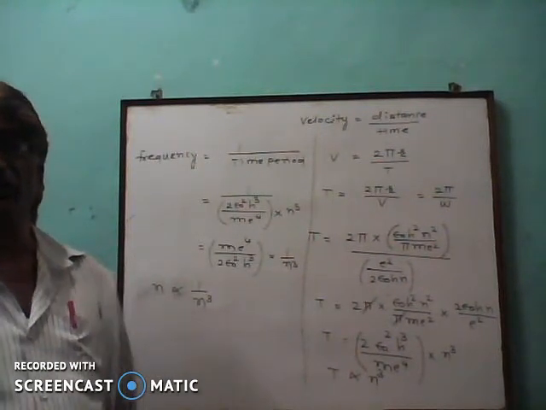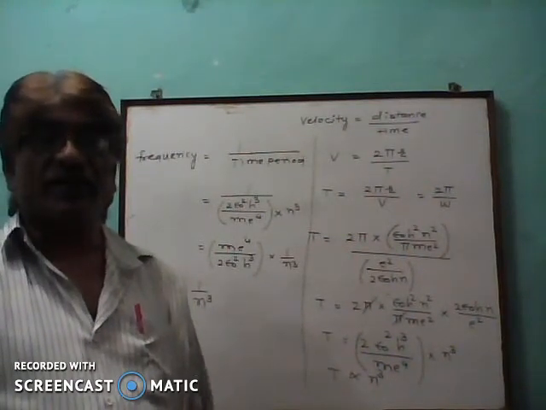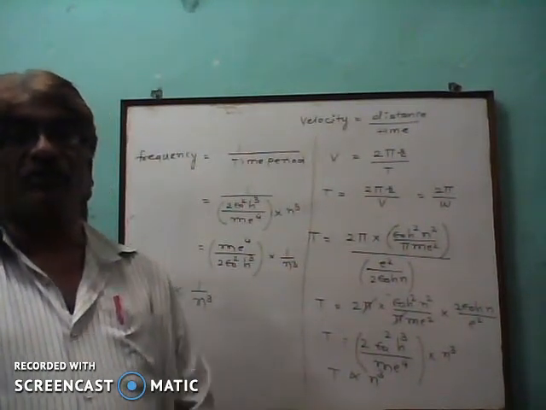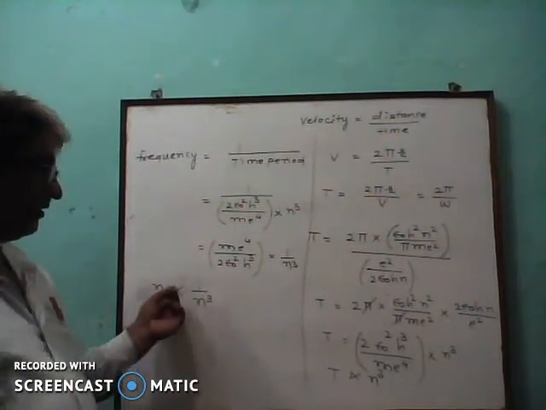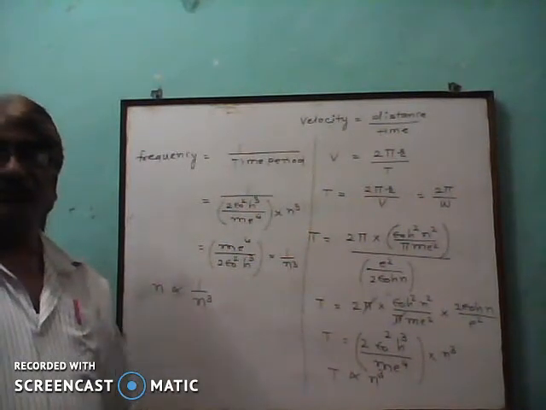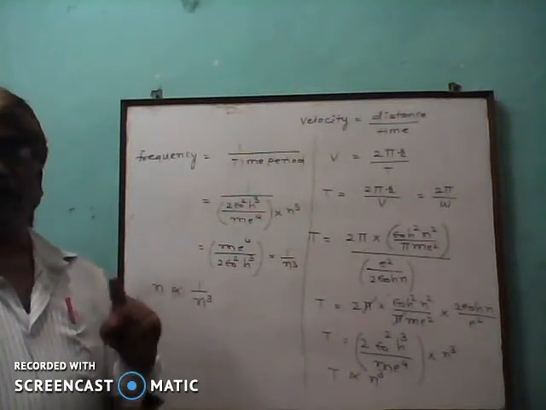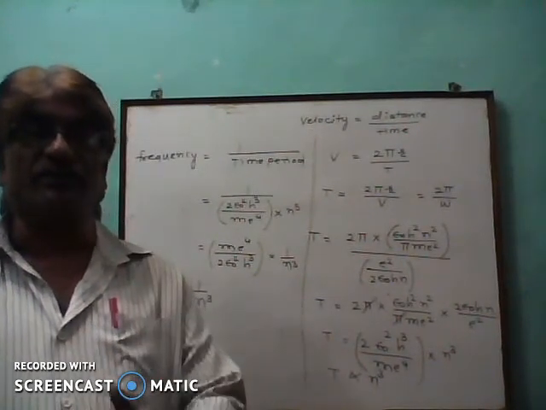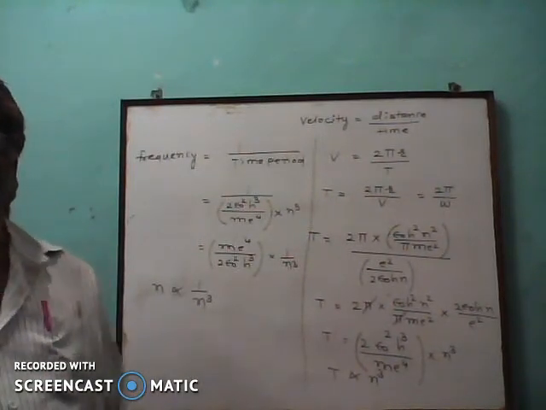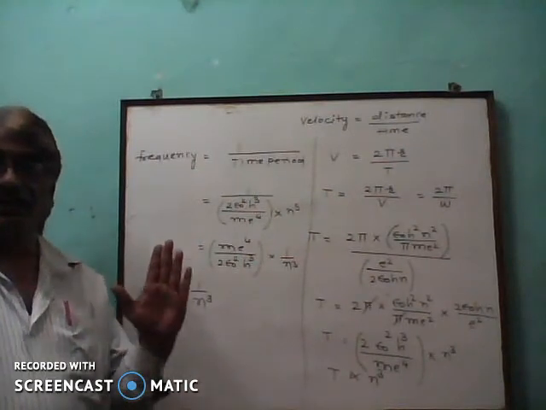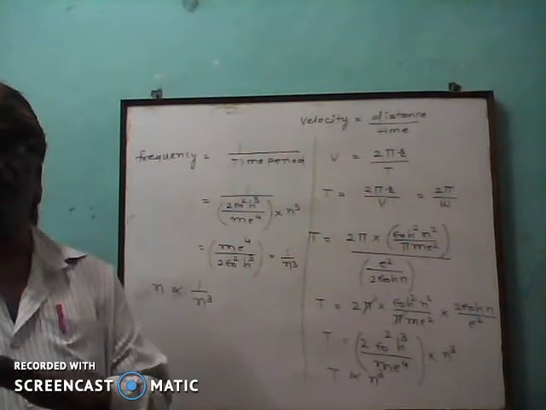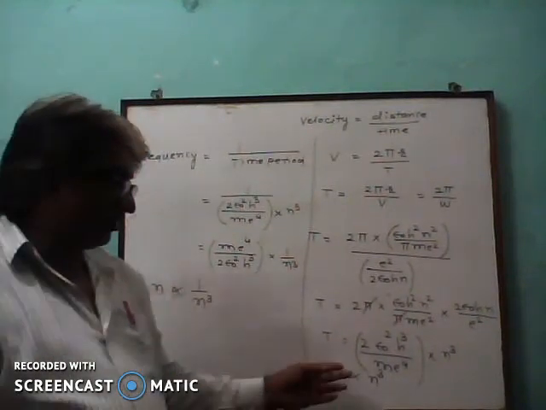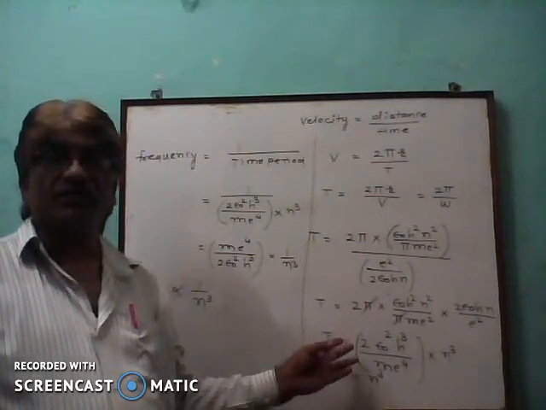When we calculate these two, we can also calculate the angular velocity, and again the time period and frequency of the electron. Among these formulas, remember that angular velocity of the electron is inversely proportional to the cube of the principal quantum number, which is the same as the frequency. But the time period of the electron is directly proportional to the cube of the principal quantum number.